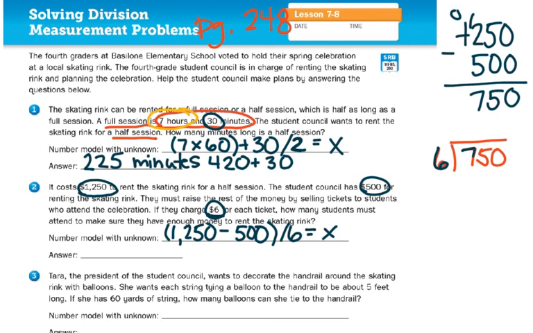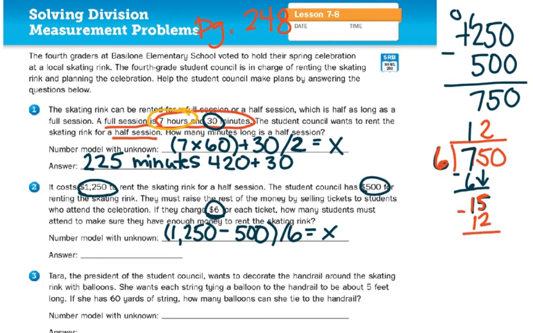So how many times does 6 go into 7? Goes in there once. 6 times 1 is 6. Subtract. That's smaller than 6, so I can bring down my 5. How many 6s are there in 15? There's 2. 6 times 2 is 12.